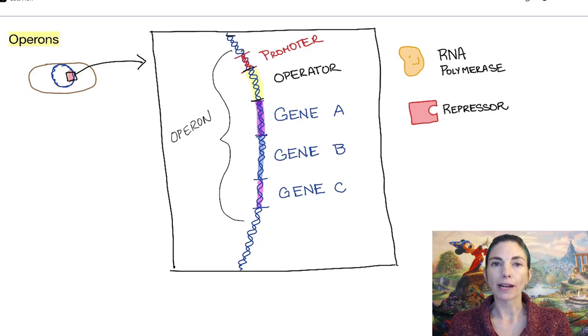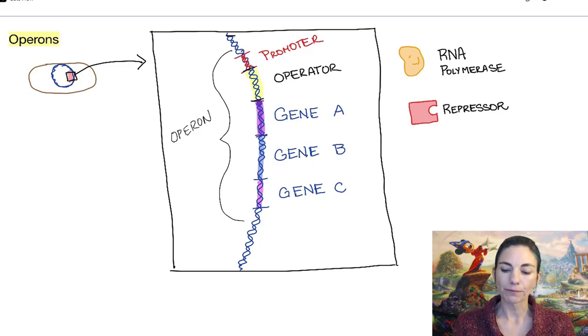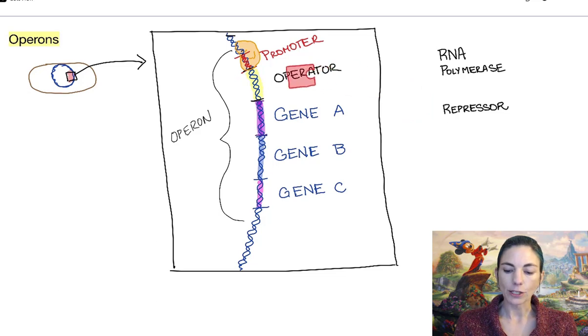So the operator is a section of DNA in between the promoter and the genes that need to be transcribed. The repressor is a physical, big, bulky protein usually that is attracted to this operator section.